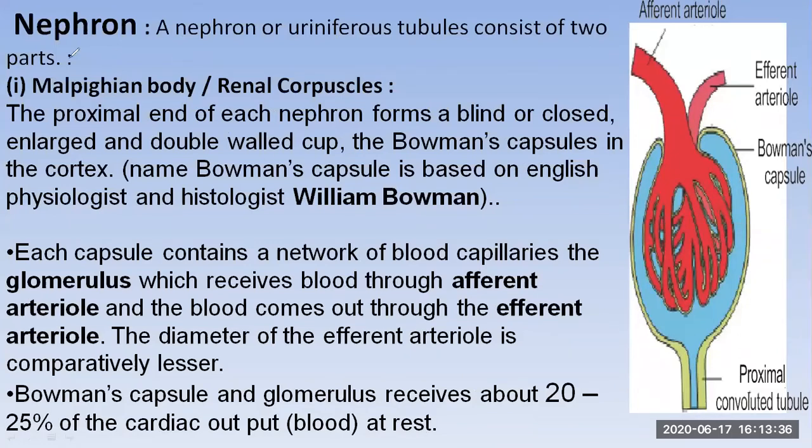The nephron is also considered a uniferous tubule, and it consists of two parts: first the Malpighian body, also known as the renal capsule, and second the renal tubule.